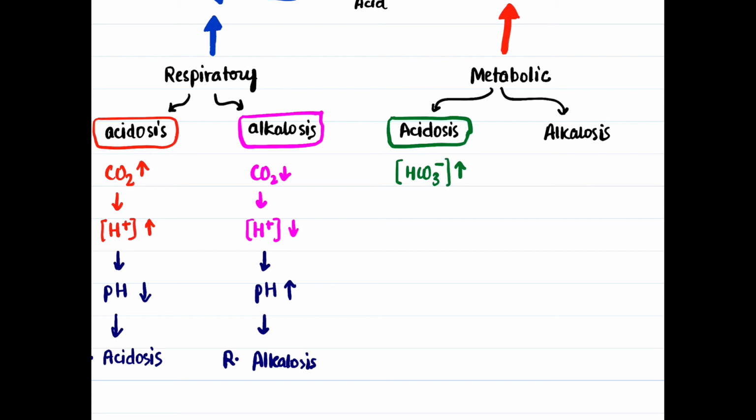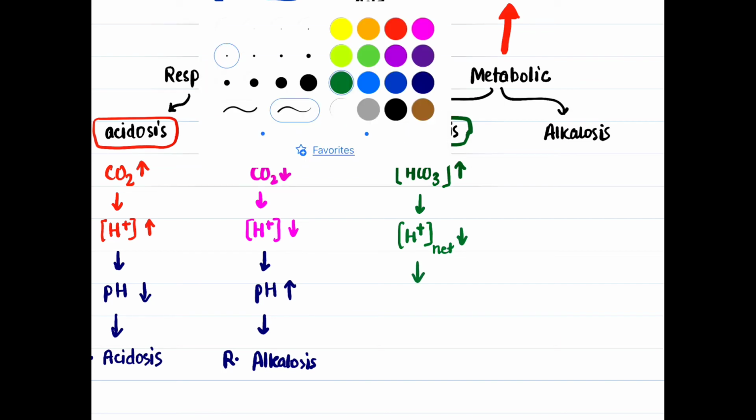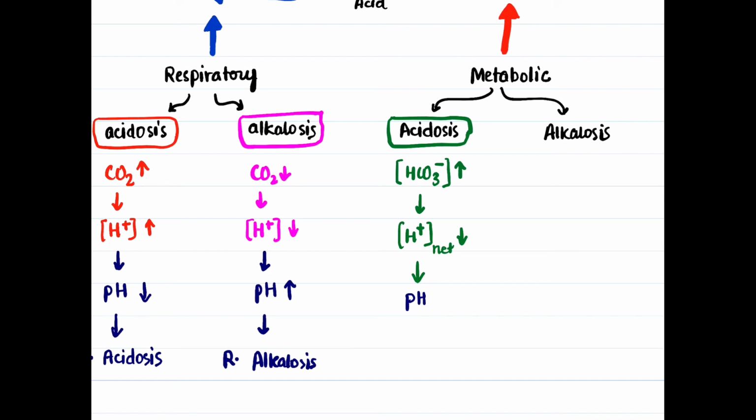This is not acidosis, this is alkalosis, because if HCO3 minus ions increase, free H plus ions decrease, and that causes pH to increase. If pH increases, it is not acidosis but definitely alkalosis. And what kind of alkalosis? It is metabolic alkalosis.